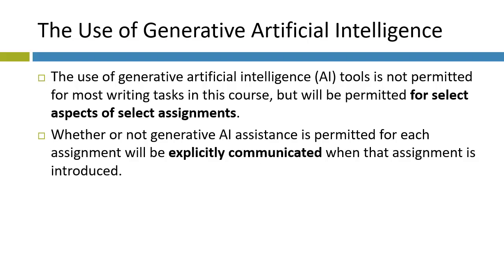Generally, though, we are expecting you to complete your own writing in your own voice and using your own words. To do otherwise, in other words, having AI complete your assignments for you, is a breach of our academic integrity guidelines, and it will be dealt with.